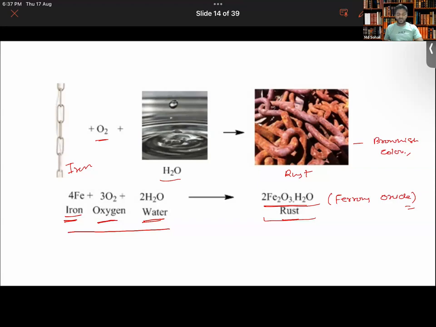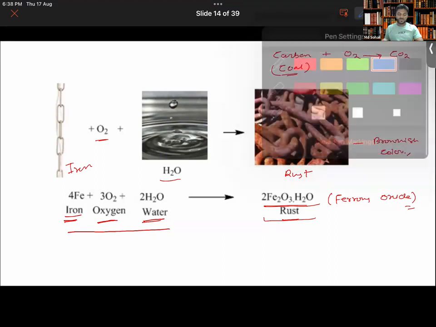For example, if you have carbon, say coal. Coal is basically made up of carbon. So when you heat it, it reacts with oxygen. That leads to the formation of carbon dioxide. Getting it?